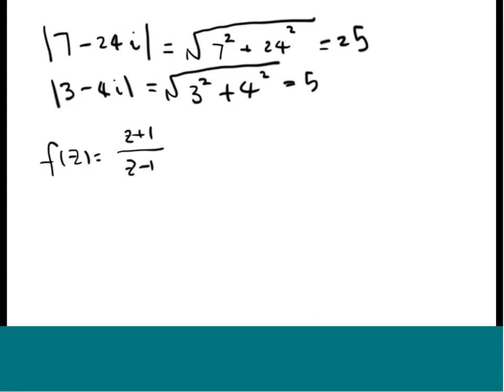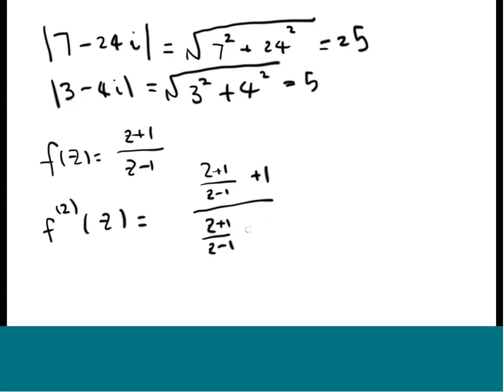If you calculate f one more time, it's going to be (z plus 1 over z minus 1, plus 1) over (z plus 1 over z minus 1, minus 1). So the numerator is 2z, the denominator is 2, so it's z. So essentially f twice equals the identity.